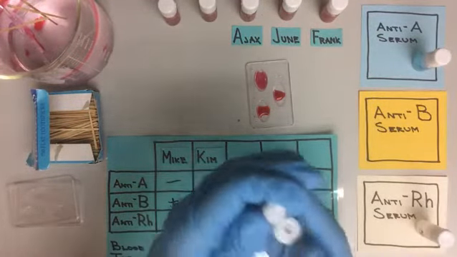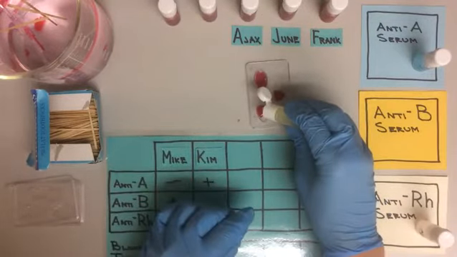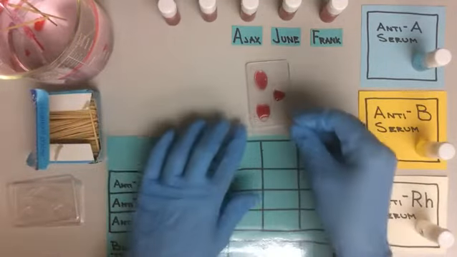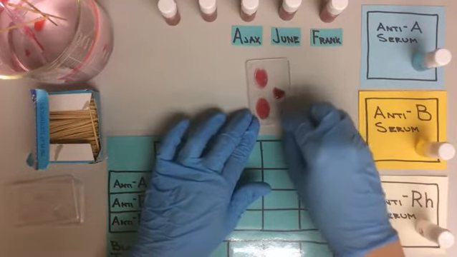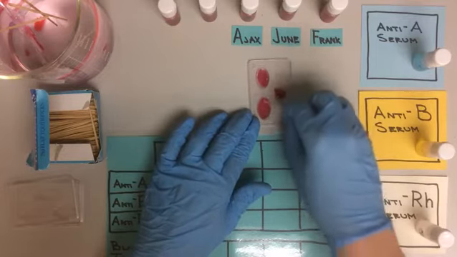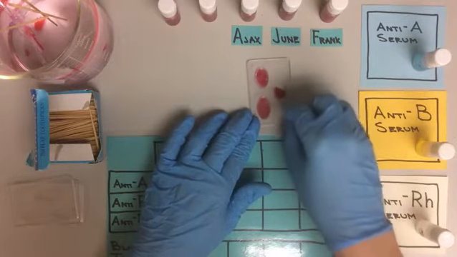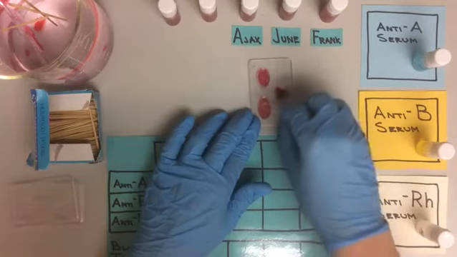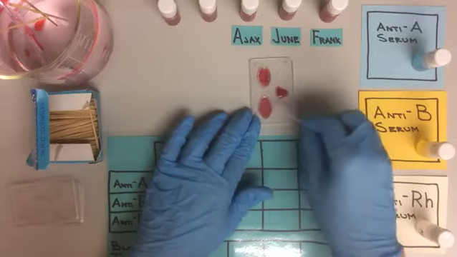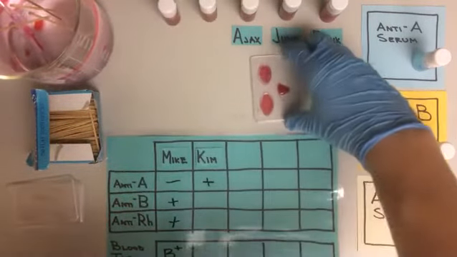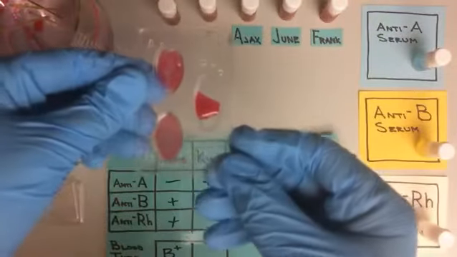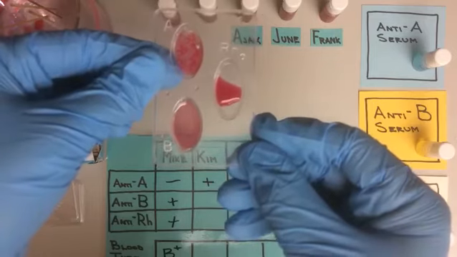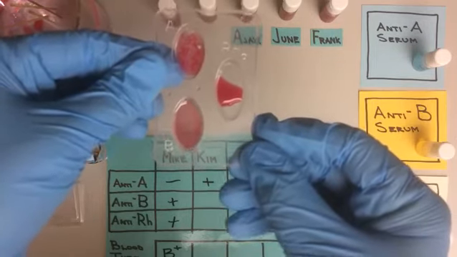For anti-B, again, we see that agglutination, the clumping, has occurred. So Kim has tested positive for anti-B.